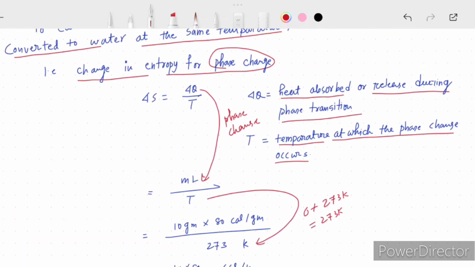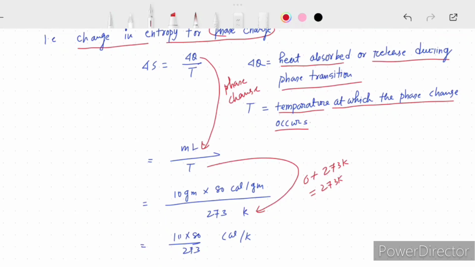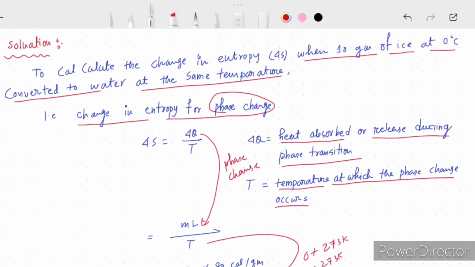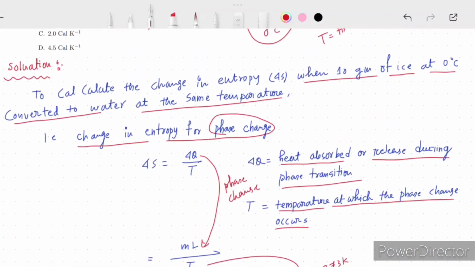At 0 degree centigrade temperature the phase change basically occurs, so that's why the value is 0 plus 273. So finally we get the change in entropy equal to 2.93 calorie per Kelvin. Okay, so this is a very easy question. So from this question we get option A as the correct answer.